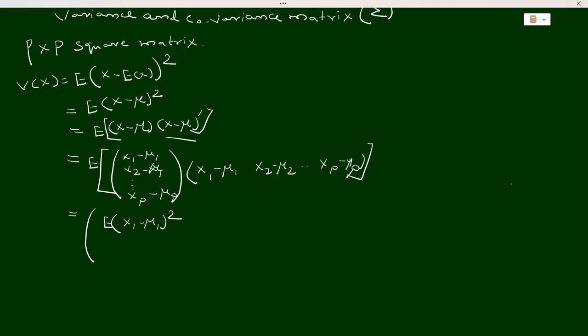Next we multiply x1 minus mu1 into x2 minus mu2, which can be written as expectation of x1 minus mu1 into x2 minus mu2. Similarly, we can write expectation of x1 minus mu1 into xp minus mu p.